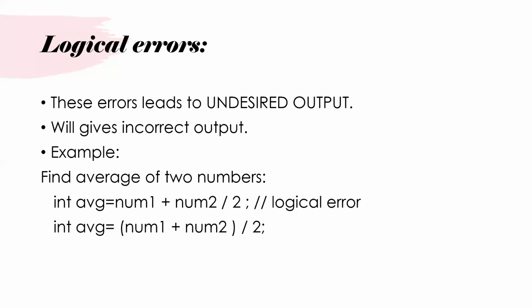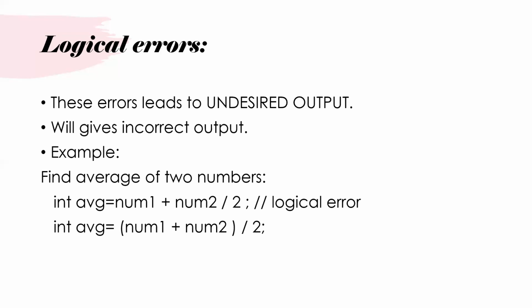So make sure that you write algorithms so that you do not have logical errors in your program. I have explained algorithms and the importance of algorithms in the algorithms video. If you're not clear about algorithms, please do watch that video.